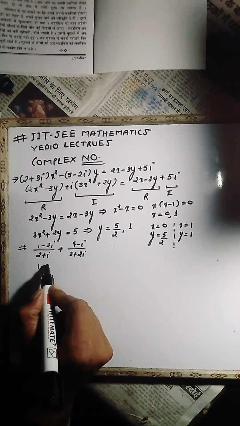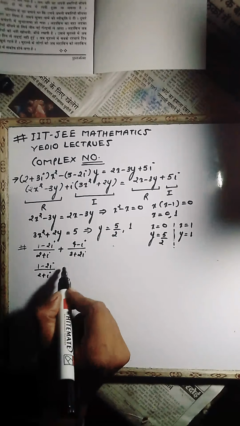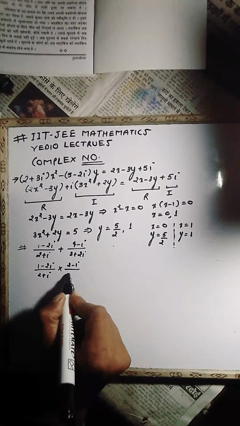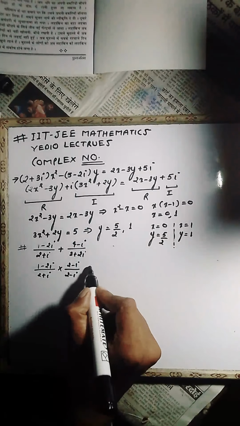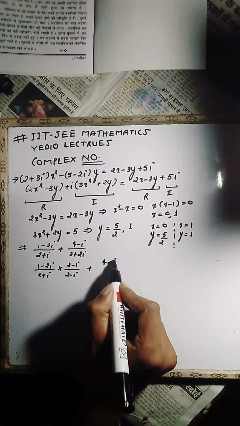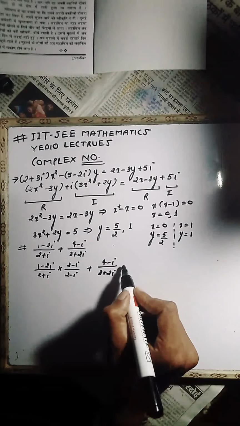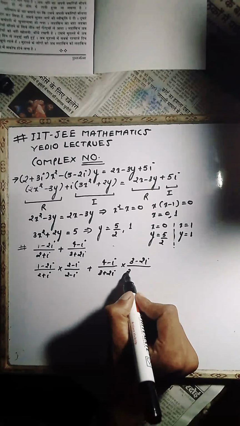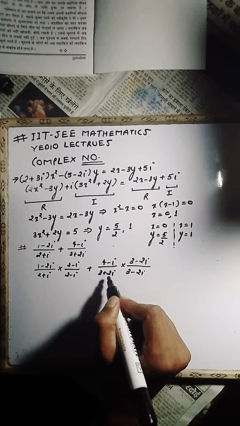So (1 minus 2i) upon i into (2 minus i) upon (2 minus i). So it is a complex conjugate, and here (4 minus i) and (3 plus 2i) into (3 minus 2i) upon (3 minus 2i). So it is the complex conjugate for this one.